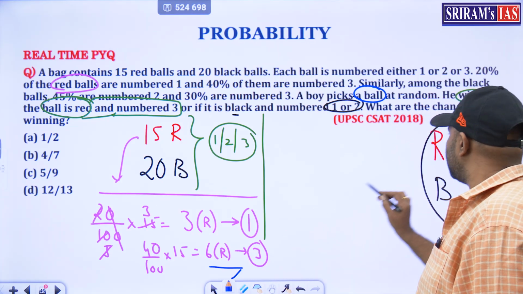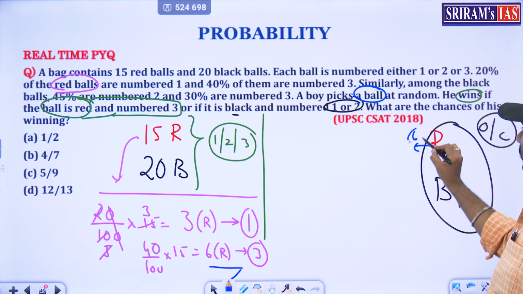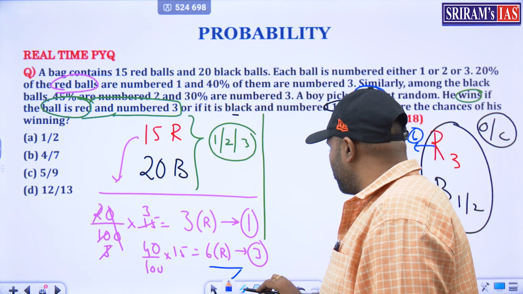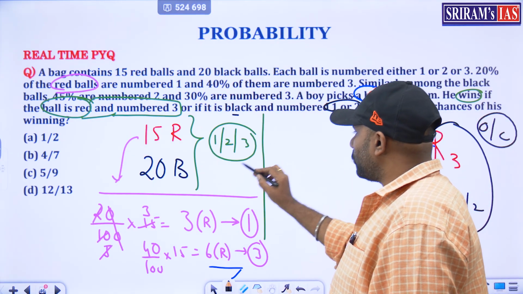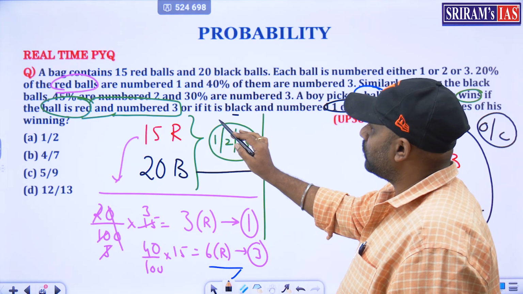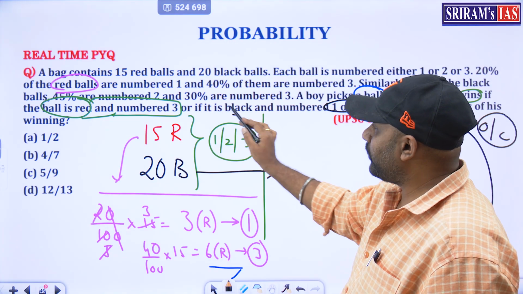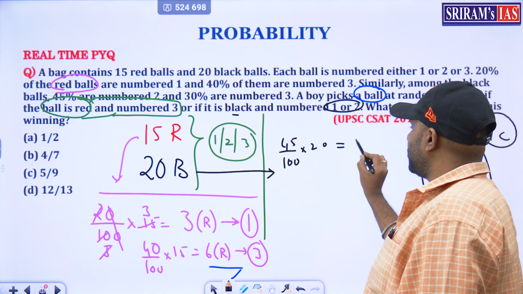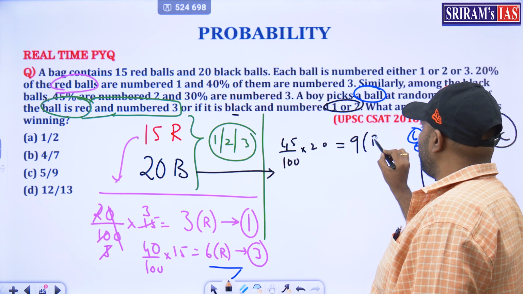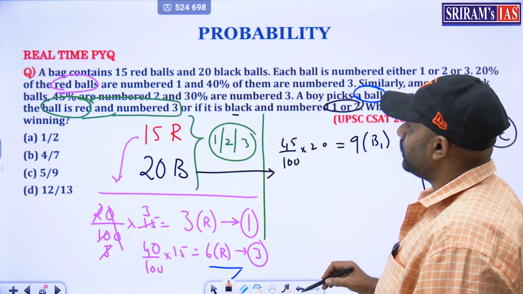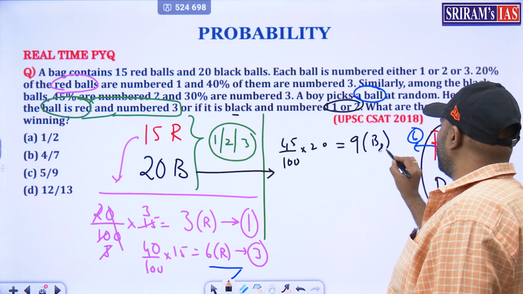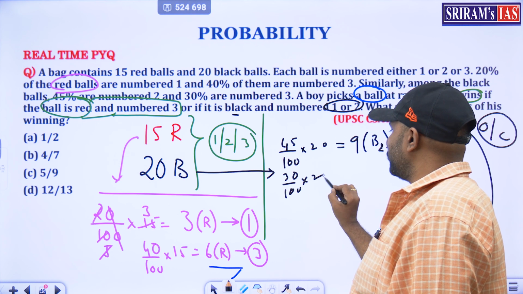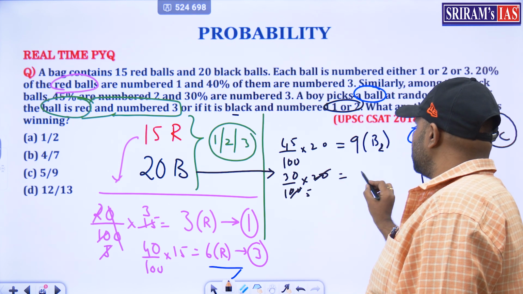So how many red ball 3s do we have in total? There are 6. Okay, next, similarly among the black balls, let's look at black. Now, in black we have 20 balls in total. 45/100 of 20, which is 9 balls, are numbered 2. Sorry, numbered 2. And 30% are numbered 3. So 30/100 of 20, which is nothing but 6 balls.